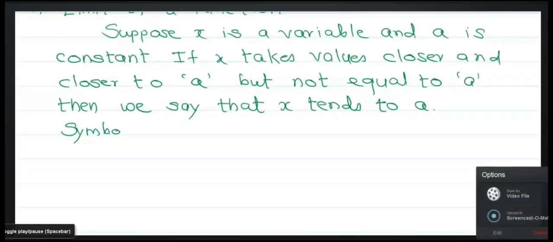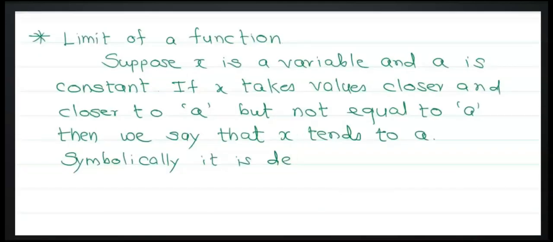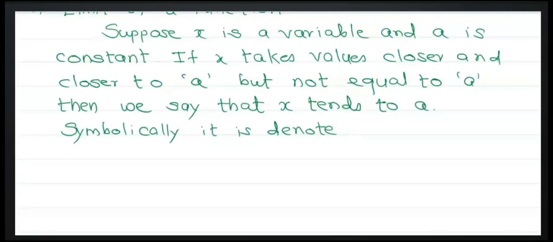That is, x is not equal to a, but x tends to nearer to a. This is the concept of the limit. And symbolically, it is denoted as x tends to a.